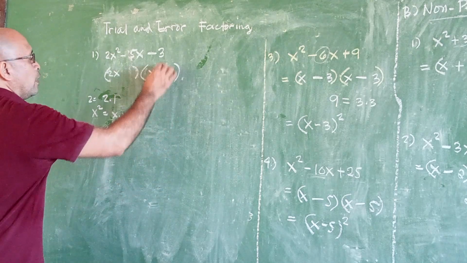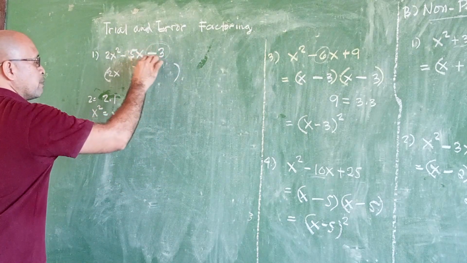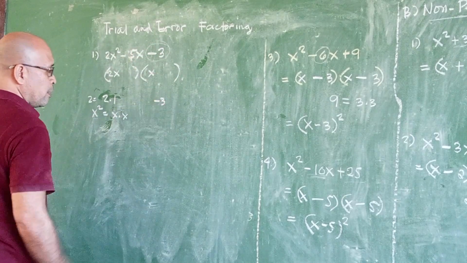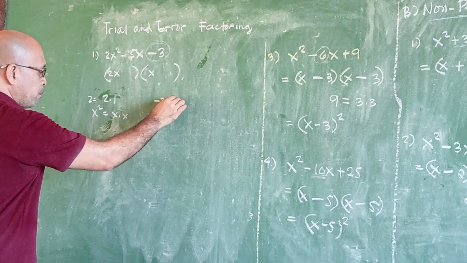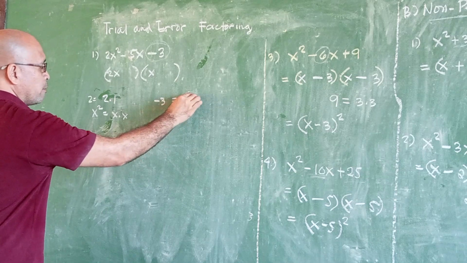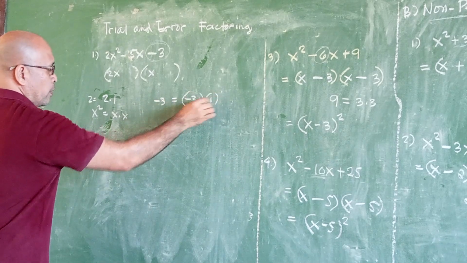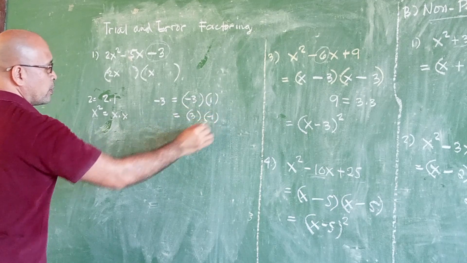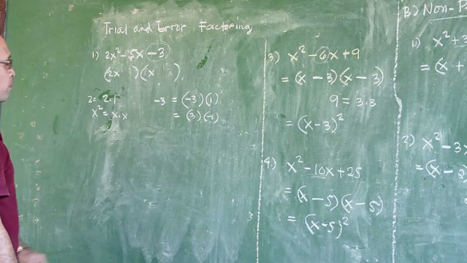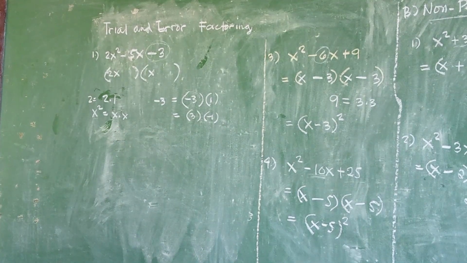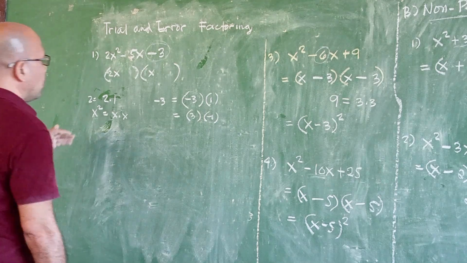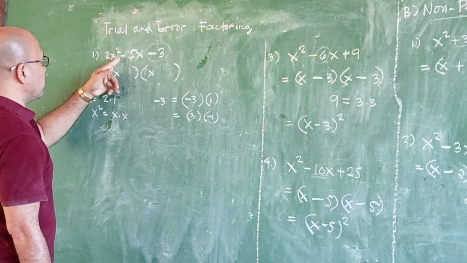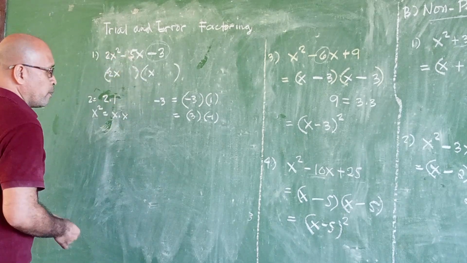And after that, you get all the possible factors of the last term, which is negative 3. The possible factors are negative 3 and positive 1. The second is positive 3 times negative 1. These are the only factors, class, that you need to use when you try to get the factors of 2x squared minus 5x minus 3.